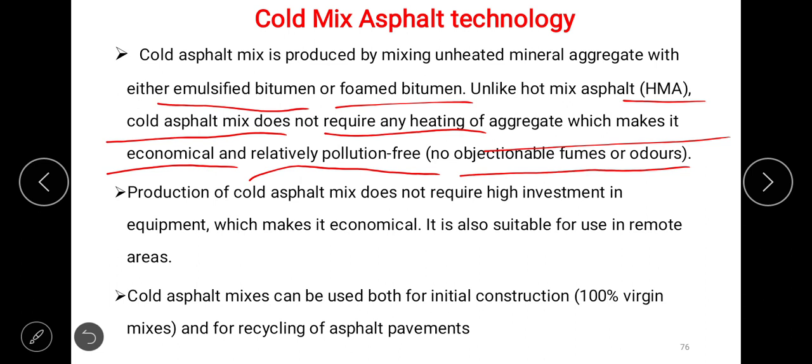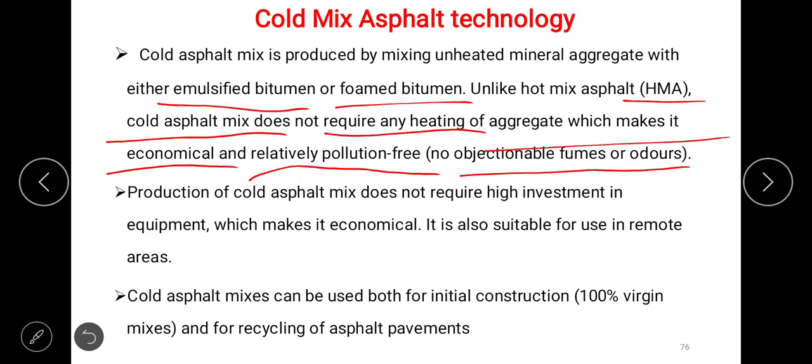Because of heating, during heating, naturally we observe the objectionable fumes and odors, and it may create pollution. But in cold mix technology, since it is not heated, it becomes economical and pollution free as well.